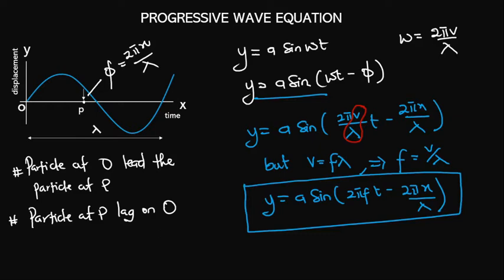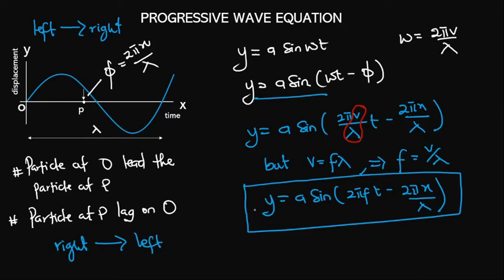Now that we are done with this, let's move on. But before we go on, in this diagram the wave was moving from the left to the right, and that is why we are subtracting the phase angle from the general wave equation from the origin. But what if the wave is moving from the right to the left?